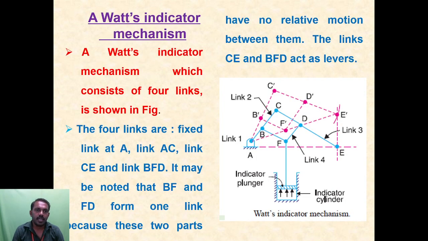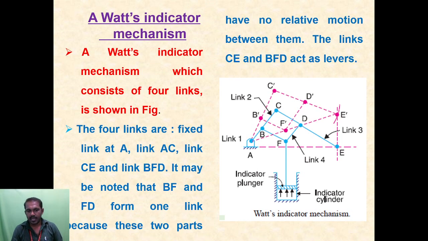Next, the Watt indicator mechanism, another inversion of the kinematic chain. It consists of 4 links, link 1, link 2, link 3, link 4: the link AC, link CD, and link BFD, and one may be fixed.